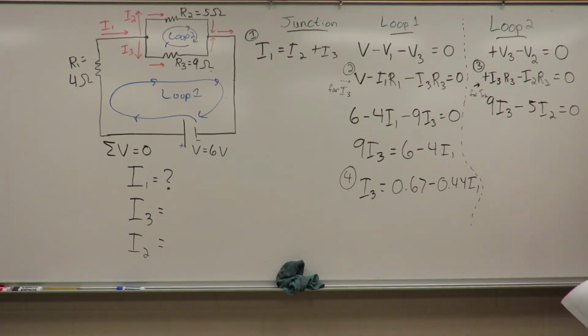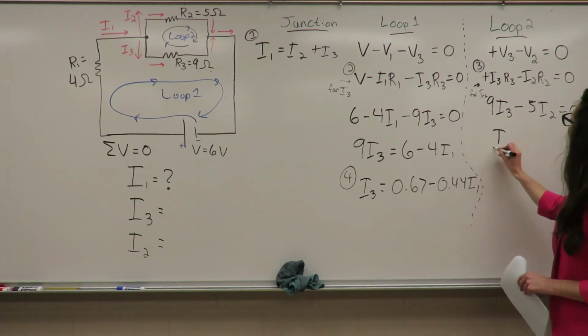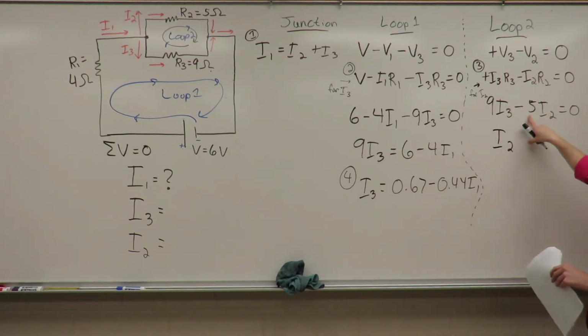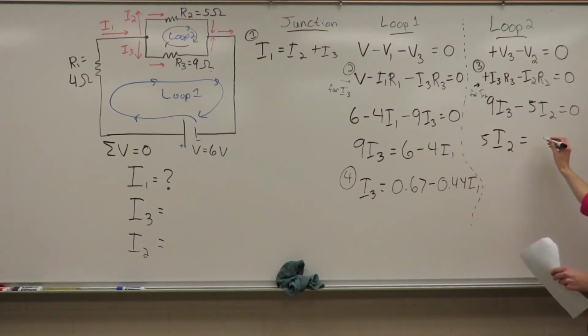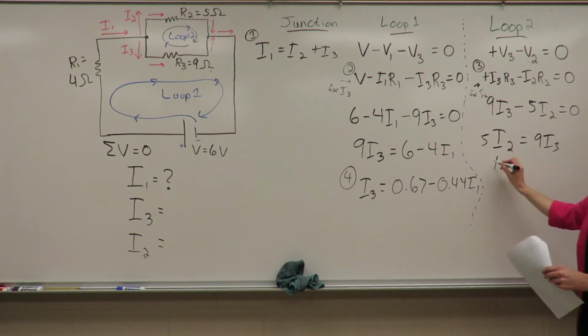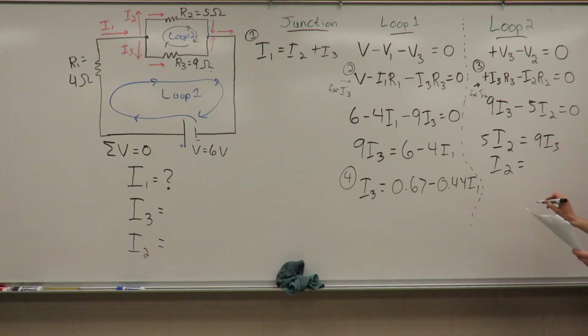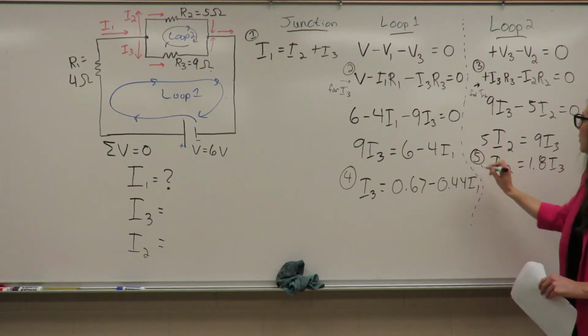I wanted to solve this equation for I2. If I add 5 I2 to the other side, 5 I2 is equal to 9 I3. Divide both sides by 5, and I have I2 is equal to 1.8 I3. I'm going to call this equation 5.